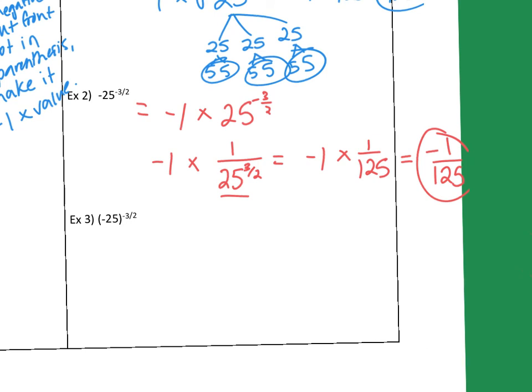Got about 2 minutes left, so right on time. All right. We said this one's different because of the parentheses, right? So the negative is included in this exponent, correct? Okay. So first off, we can't pull the -1 out, but we do have a negative exponent, which means I need to flip it. Yep. So put this in the bottom to make that exponent positive.